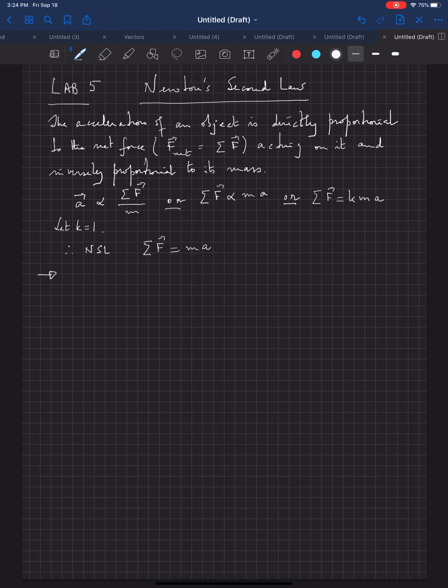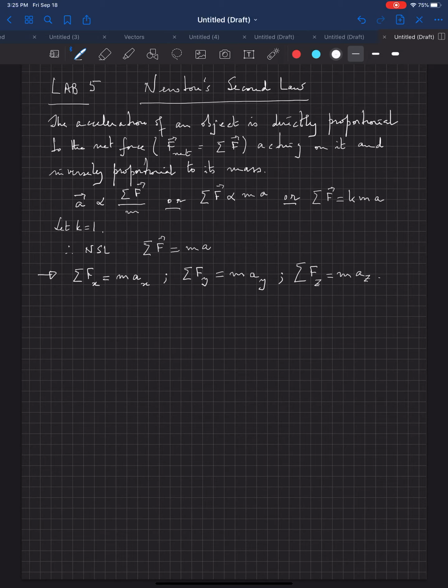And therefore, I can say the following, that the sum of the forces in the x direction is equal to the mass times the component of the acceleration in the x direction. The sum of the forces in the y direction is equal to mass times the acceleration in the y direction, and similarly in the z direction, the sum over F sub z is m a sub z. Okay?